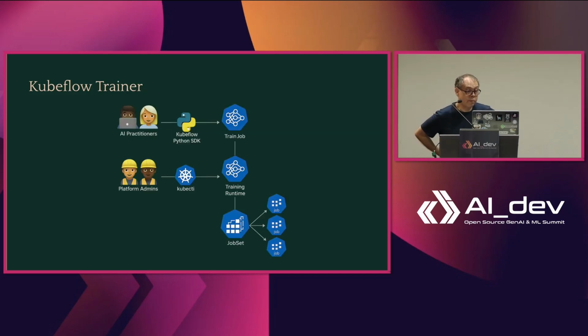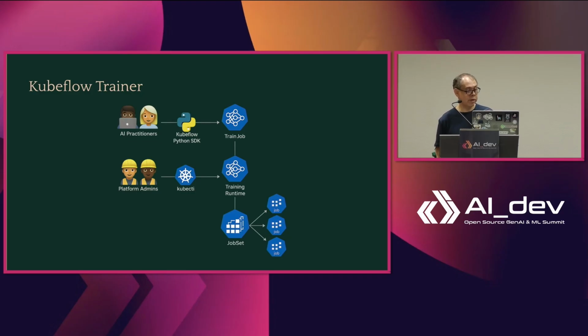So the Kubeflow trainer. This is related to our Arrow cache. It is a component that you install on your Kubernetes cluster, and it allows AI practitioners, platform engineers, or cluster operators to interface with these train jobs. The AI practitioners use a Python SDK, and they can create a train job.